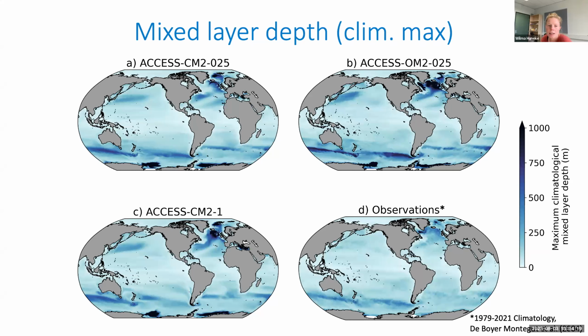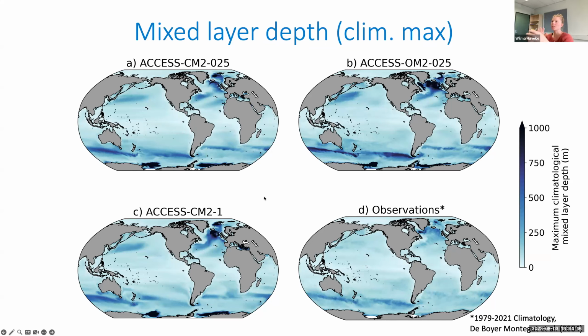I believe this is the last slide on this point of the main biases. So here I picked the mixed layer depth. I guess this is just to show the problem of the high latitudes. So on the bottom right are the observations, and then the fields for the other models.